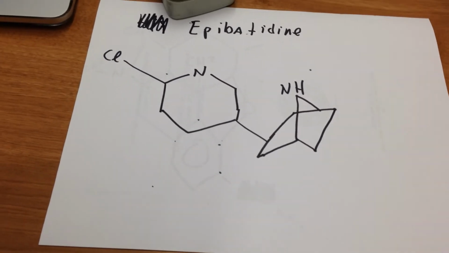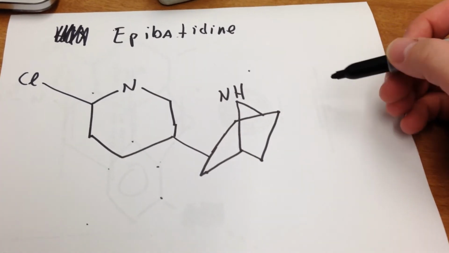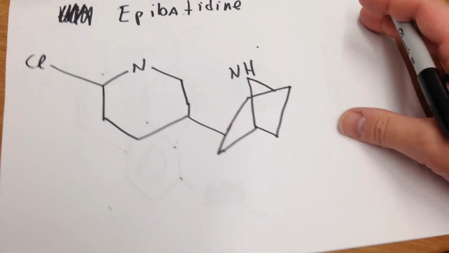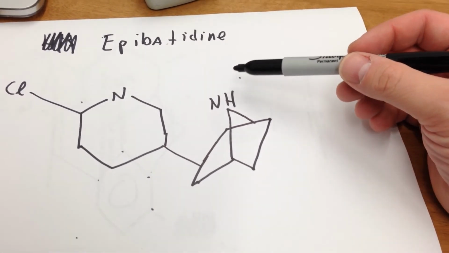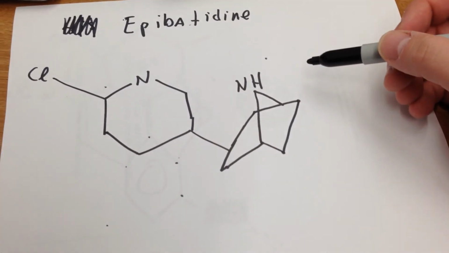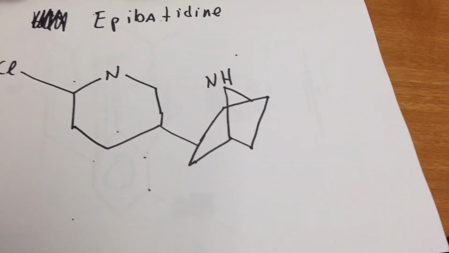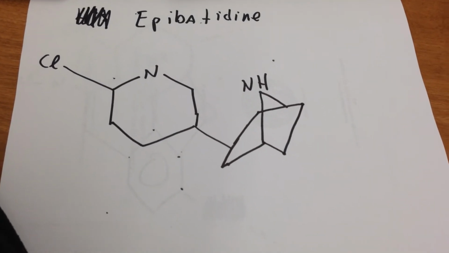I also just wanted to throw this out. This is not a toxin that is common to the Dendrobate frogs that we looked at, but it's still something that people may come up with, and this is epibatidine, which is a toxin that is found in a very, very specific type of frog, from what I understand.